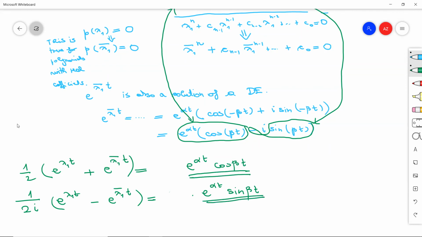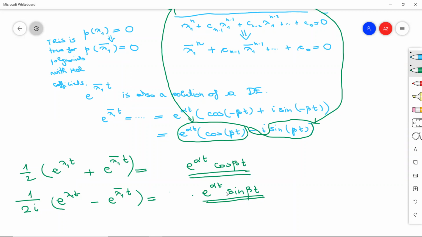Okay, so if lambda is a complex eigenvalue which is not real, then we take the real part of this e to lambda t and the imaginary part of e to lambda t, and those are two solutions.